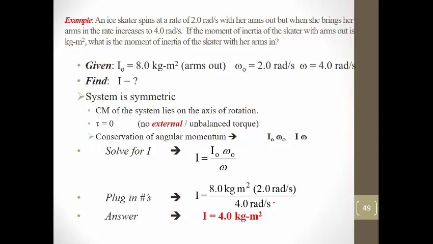Well, we could show that using equations, which we'd have to do maybe on a test. But we might be able to look at it and say, well, 8 times 2 is 16. And then my speed doubles. So if this doubles, then this has to be half in order to get the same numbers on the left side and right side of our equal sign.